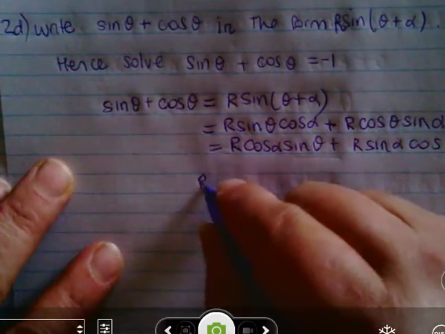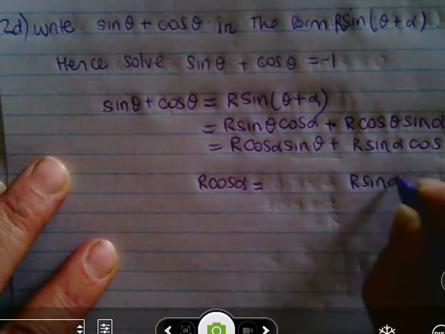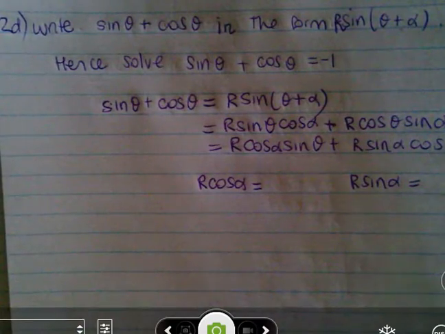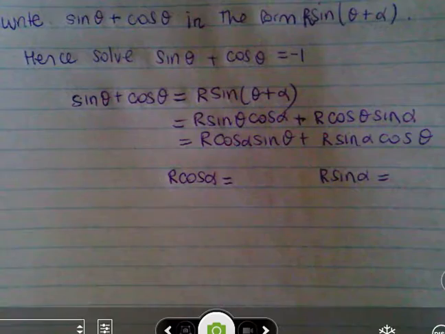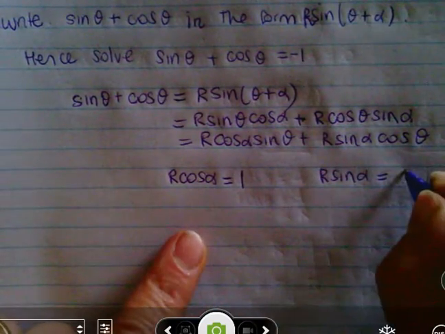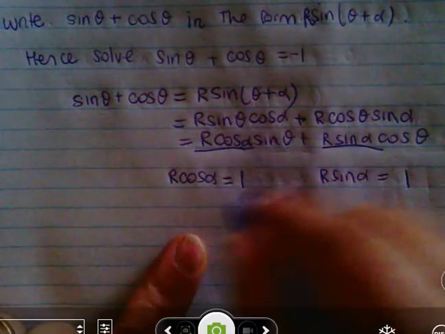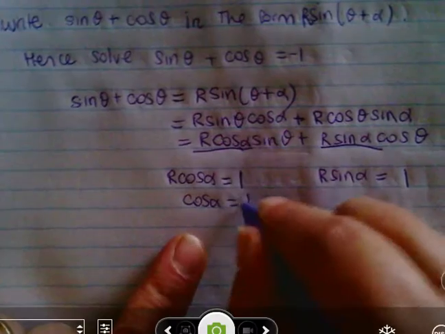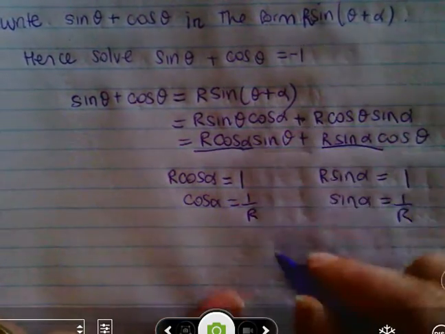You can equate your coefficients. So r cos alpha is, what is it? 1. R sine alpha is also 1. That means cos alpha is 1 on r. Sine alpha is also 1 on r.